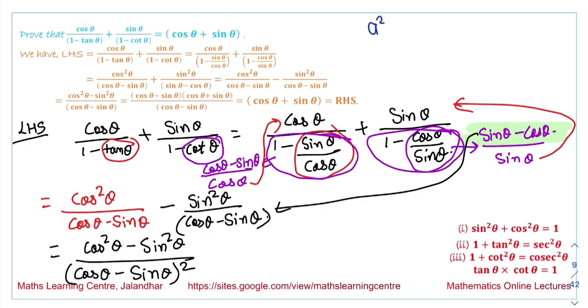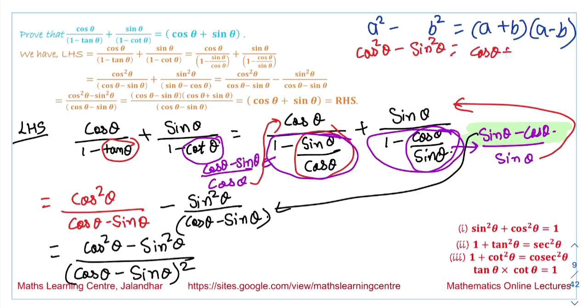We are talking about a square minus b square is equal to a plus b into a minus b. So it is cos square theta minus sin square theta, that is equal to cos theta plus sin theta into cos theta minus sin theta.